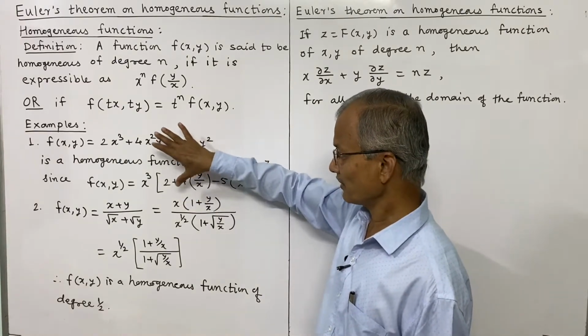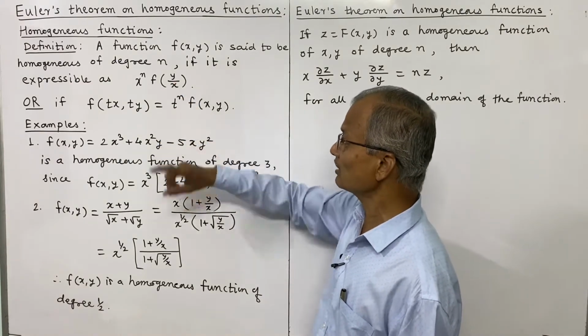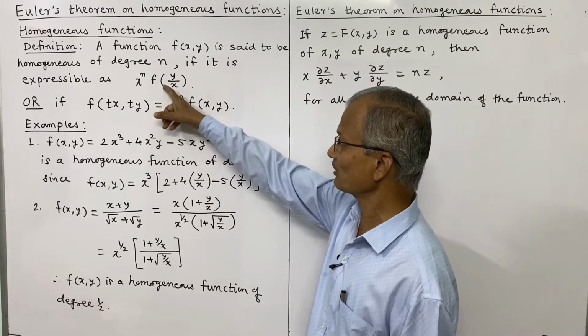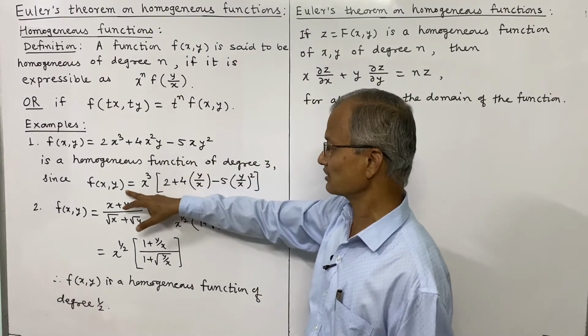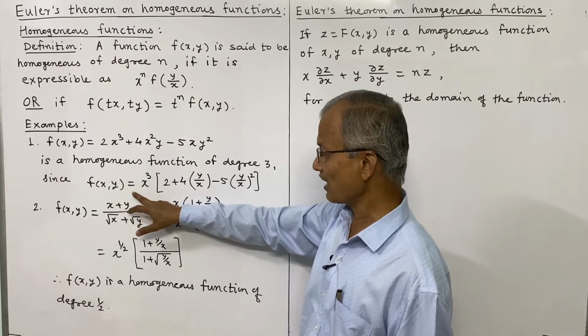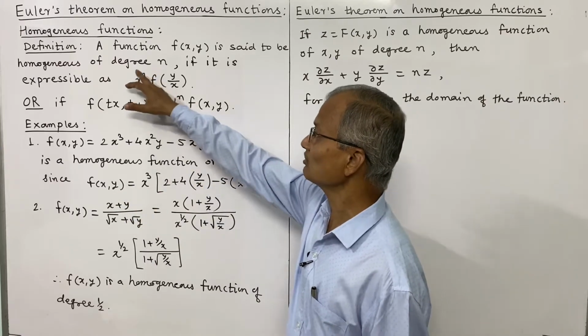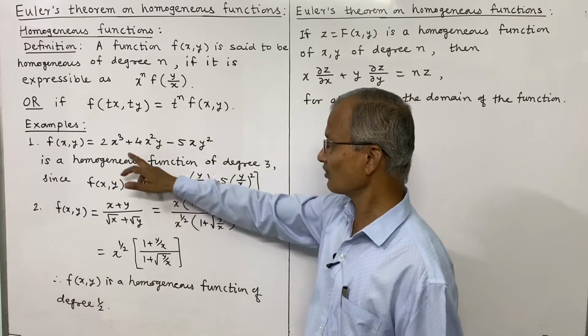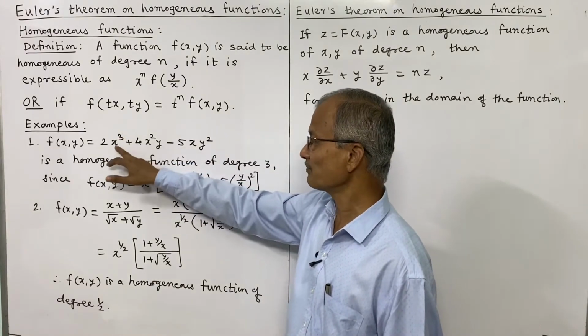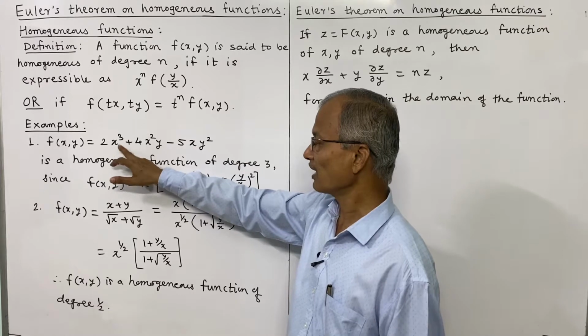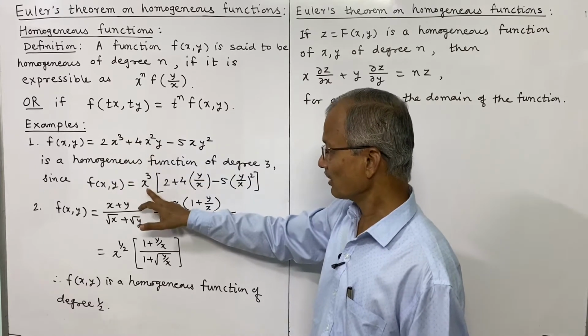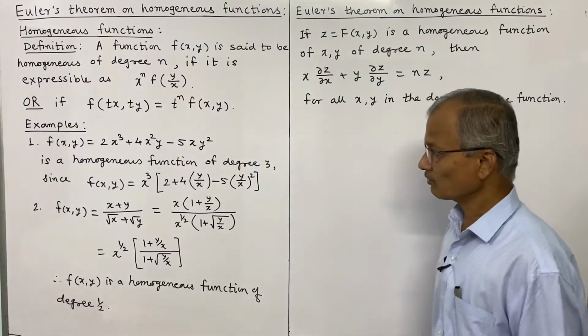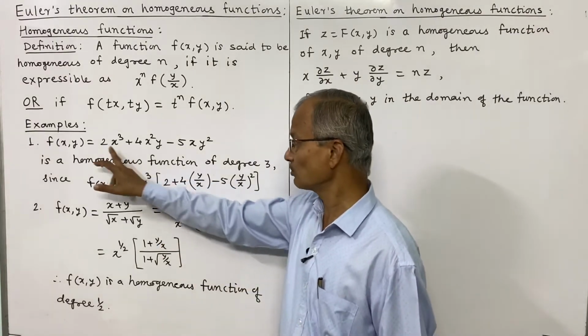But this is by observation. According to the definition we can write the function like this: f of x y is equal to, here we should take the maximum power of x common, and the maximum power of x is the cubic power, x cube. We have taken x cube common, and what remains in the bracket is 2.